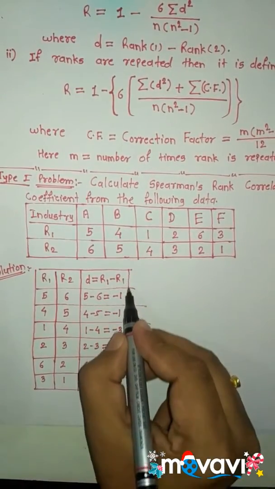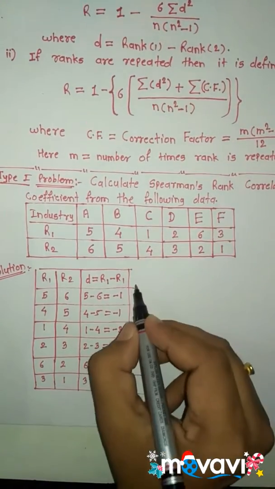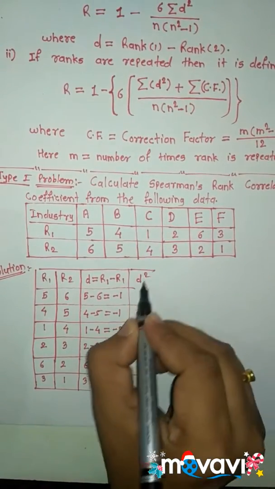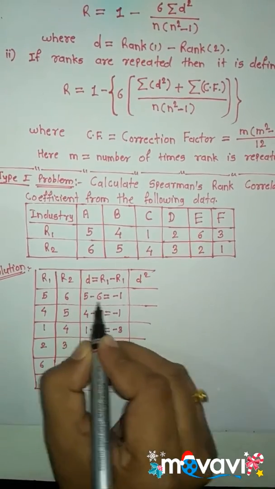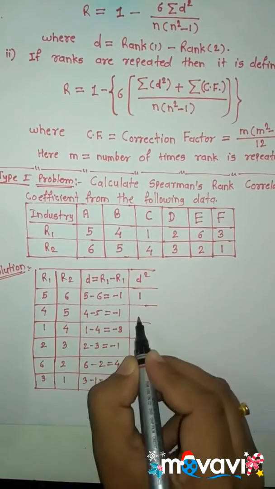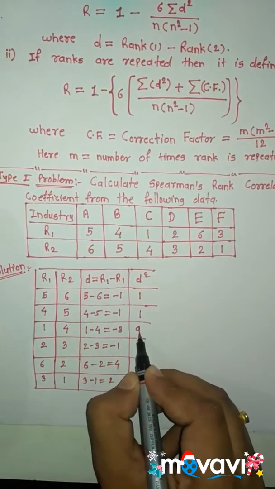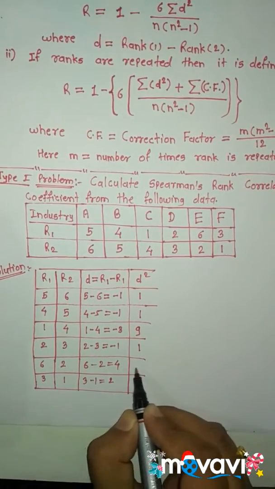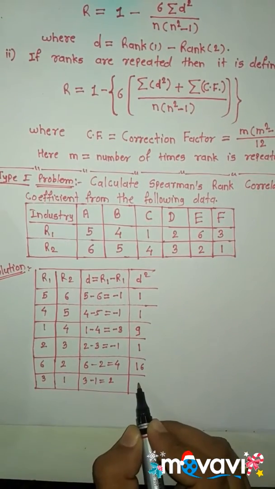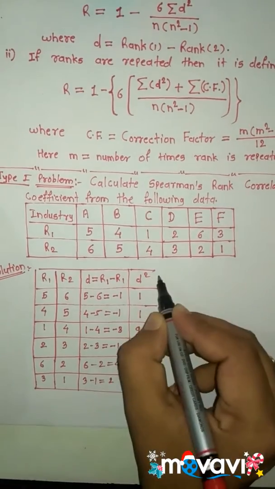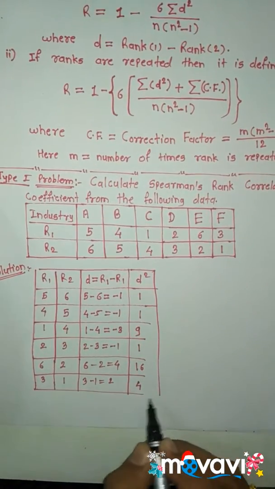Then here we require d square, so we calculate d square. Minus 1 square is 1, minus 1 square is 1, minus 3 square is 9, minus 1 square is 1, 4 square is 16 and 2 square is 4. So these are our values of d square.